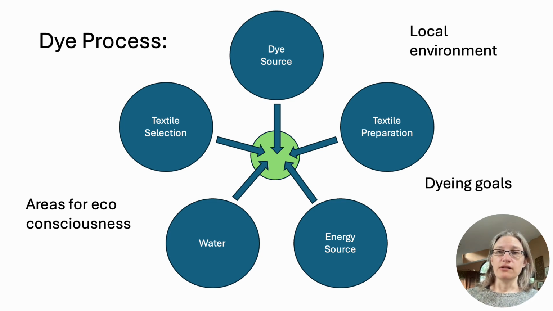It also can depend on what we use to prepare our materials, and what we're going to use those materials for. So do we need increased durability, increased wash fastness, light fastness? Those are some of the things that we'll talk about.